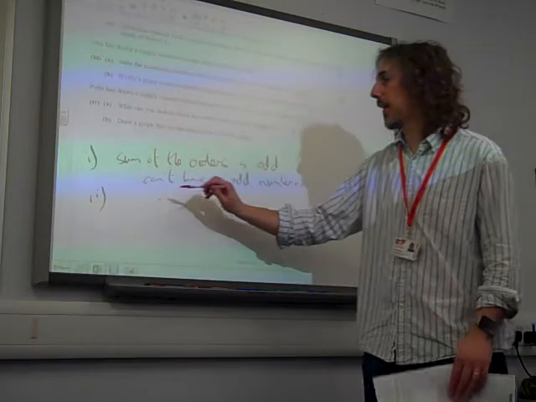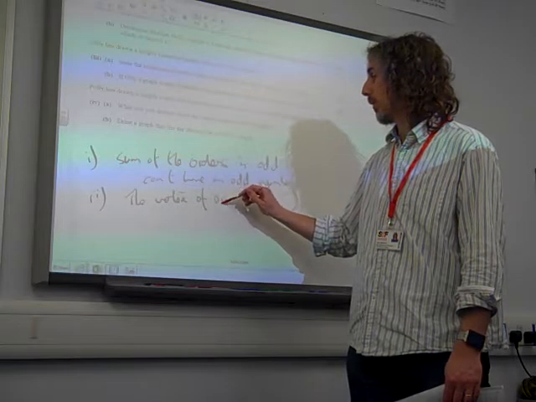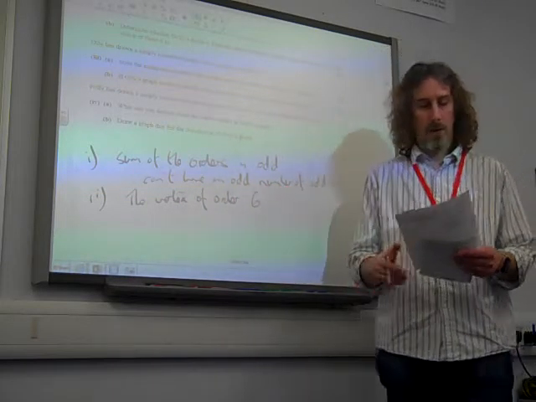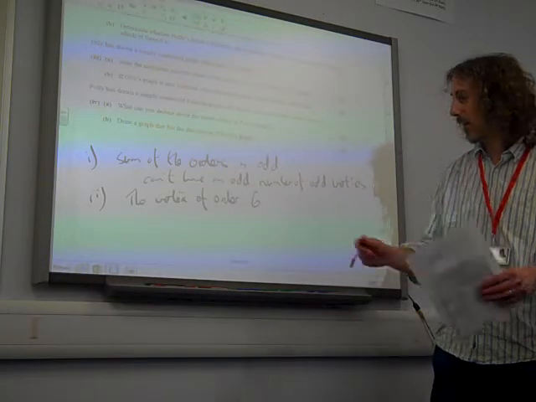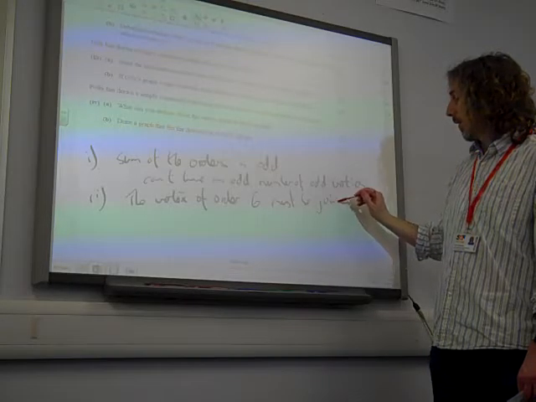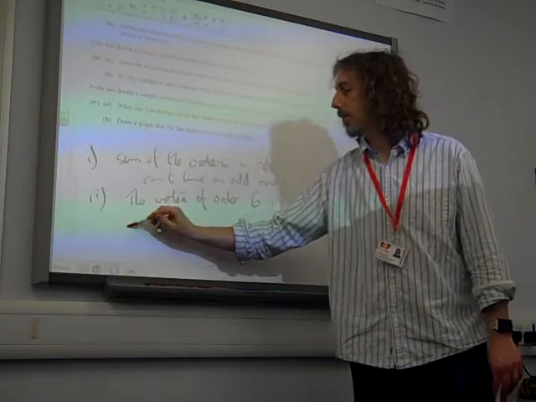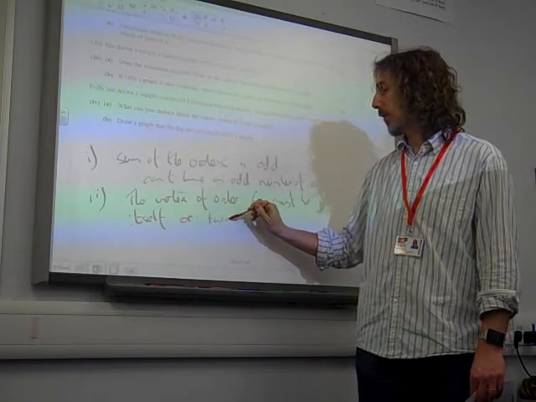The vertex of order 6, that's the problem. Explain it however you want. It must either join to itself or twice to one another.